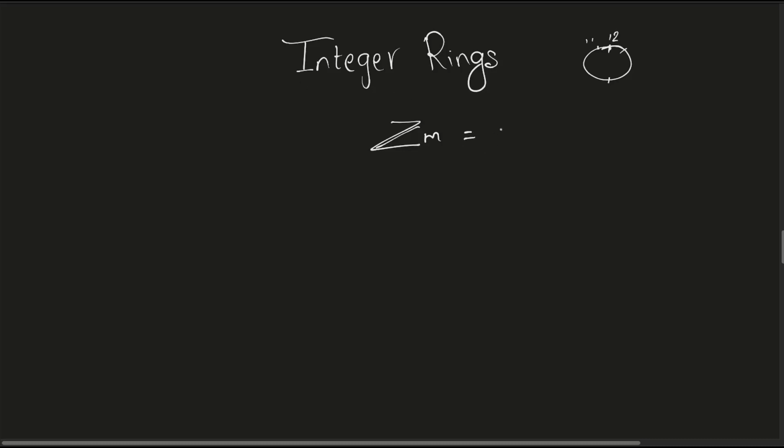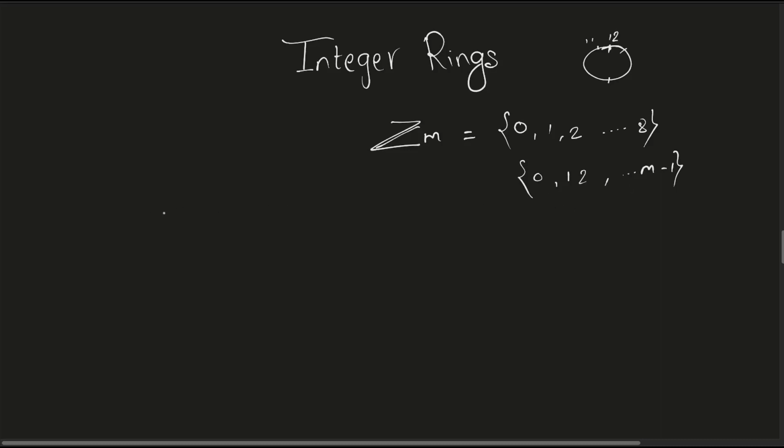Let's assume my m is 9, which means it will be 0, 1, 2 all the way to 8. This is going to contain 0, 1, 2 all the way to m minus 1. This is a ring.